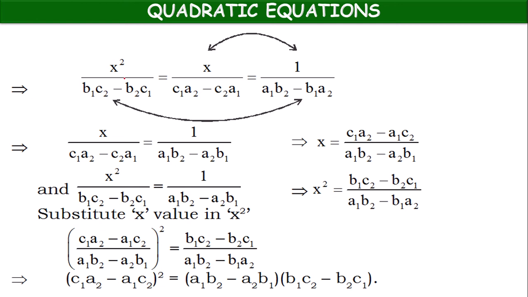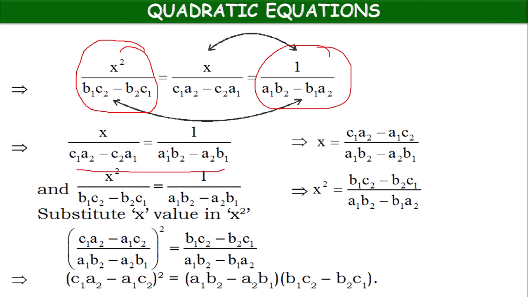Let's take the first term and the third term, write them together and cross multiply, taking the denominator below x to the RHS. Then x = (c1a2 - a1c2)/(a1b2 - a2b1).